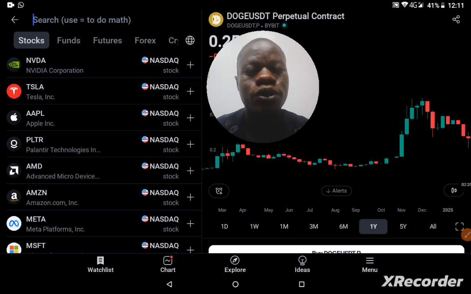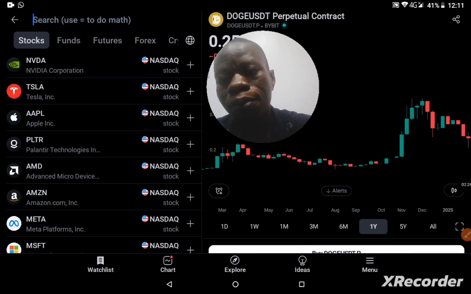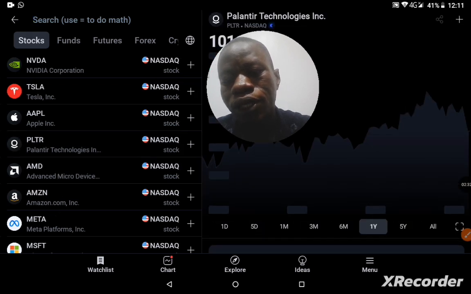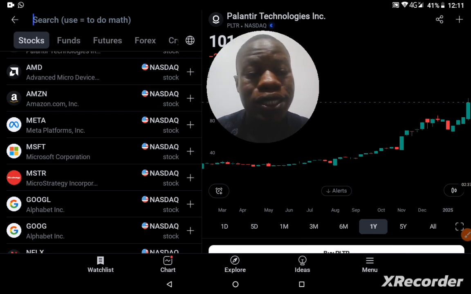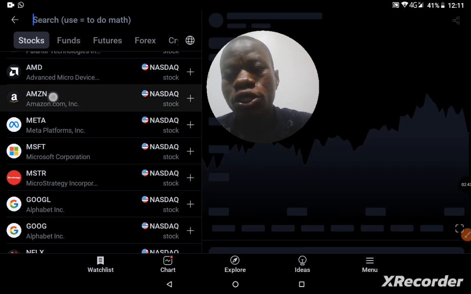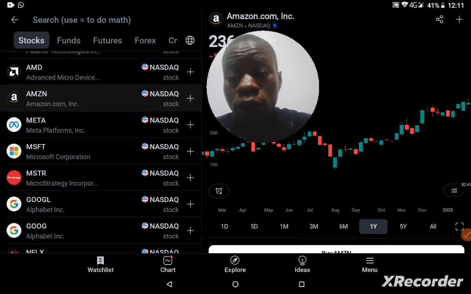For example, if you want to trade the stock of Adidas, you can come here. You can see we have Tesla, Apple, Palantir Technologies, Meta, Microsoft. If you want to buy their shares, or you have bought the shares and want to sell, you can just click on it, and you'll be able to trade.